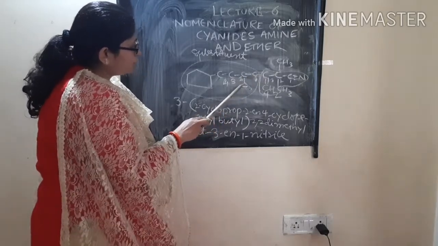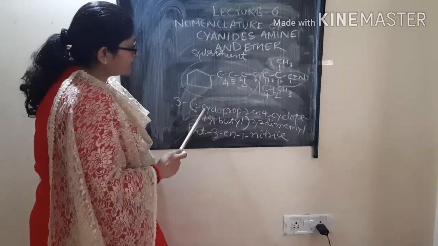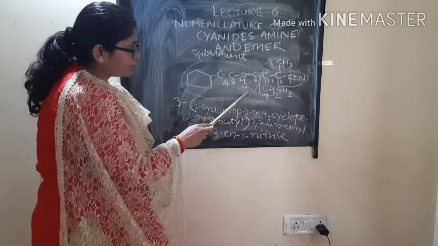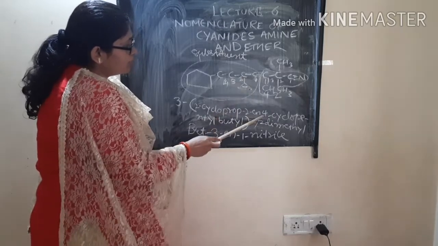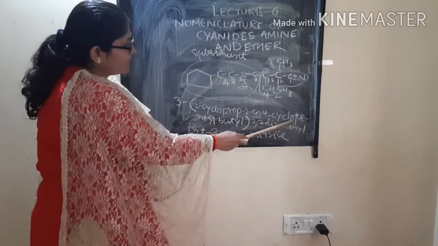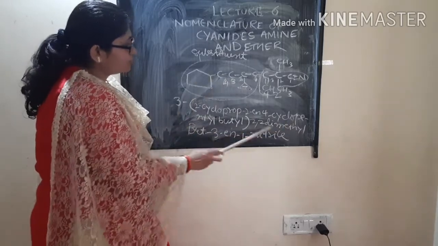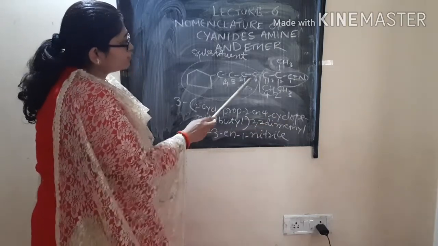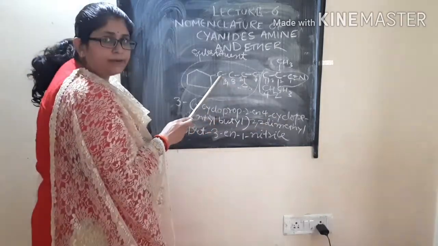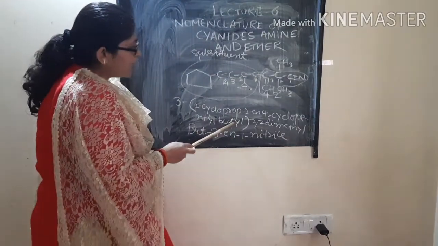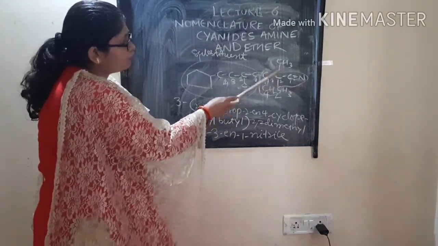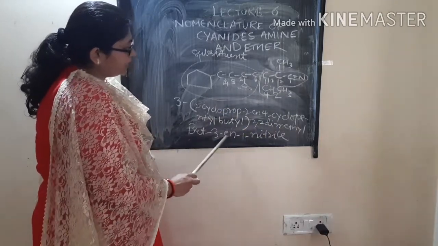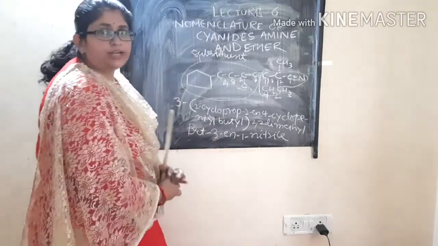At the second position of the carbon there is a branching, that is cycloprop-2-ene, meaning at the second position of this branch it has a double bond. Then at the fourth position it has a cyclopentyl ring attached to it, so 4-cyclopentyl. Then this whole group has 1, 2, 3, 4 carbon atoms, so it will be butyl. And then at the second position you have 2 methyl groups. So it will be 2,2-dimethylbut-3-yn-1-nitrile. Understood, students?